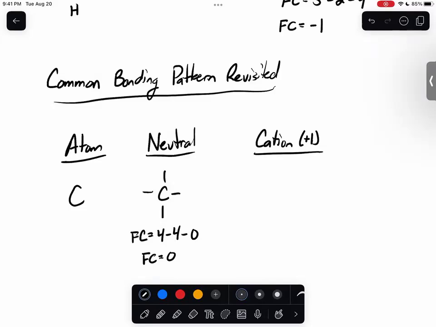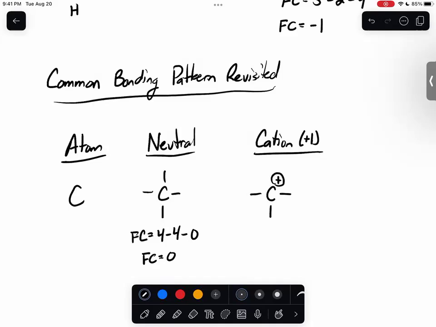And we can't have that. We can't break the octet rule, right? But the octet rule somewhat works in a little bit of a different way because although you can't go above 8 electrons, you can technically go below. Highly recommended that you don't do it because it's very unstable, but a cation for carbon would have 3 bonds.